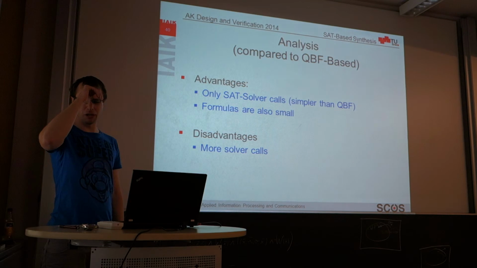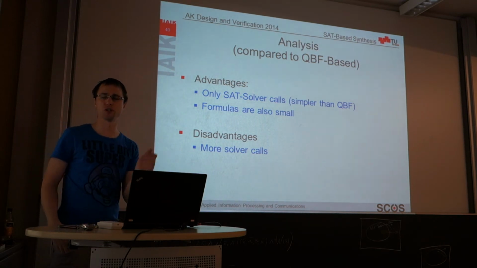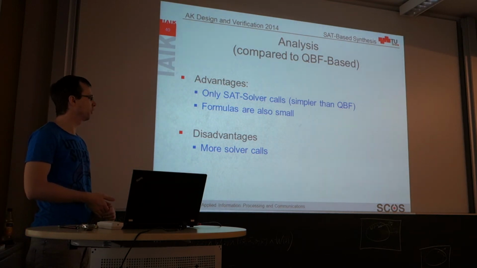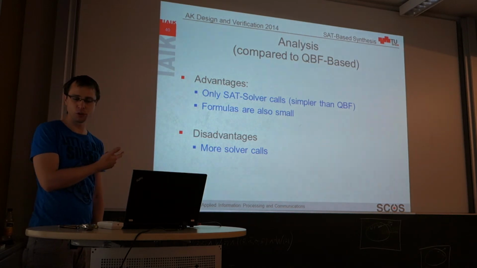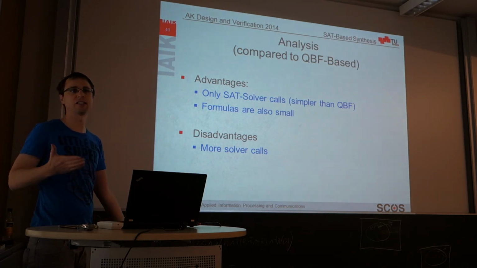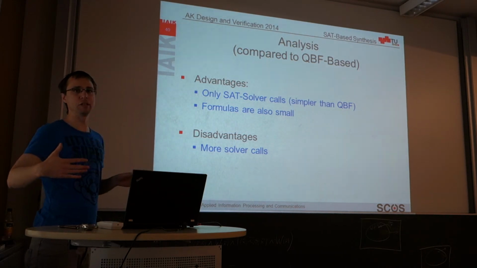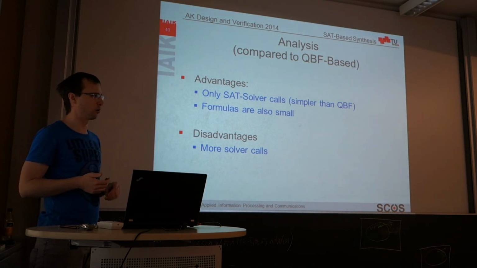So for one benchmark, this AMBA benchmark, which you also have in your benchmark framework, it's roughly like this. This first approach, which we discussed, would require like 10 calls to a QBF solver, because also the BDD-based implementation would require exactly 10 iterations to solve the problem.